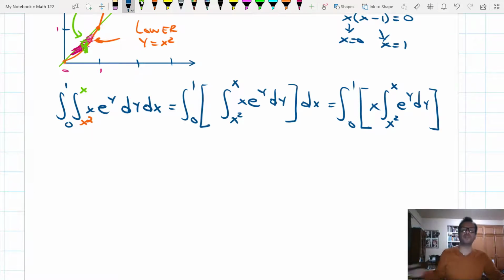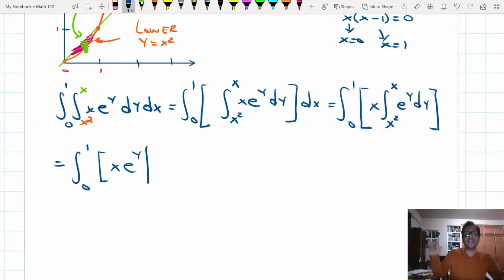All right, so that's what we do. We're going to integrate e to the y, which is the quantity I'm highlighting here. The integral of e to the y again is itself e to the y. No need for negative signs or constants. So this is going to be x e to the y, evaluated, keep in mind that we are integrating with respect to y, so the limits are y equals x squared to y equals x.